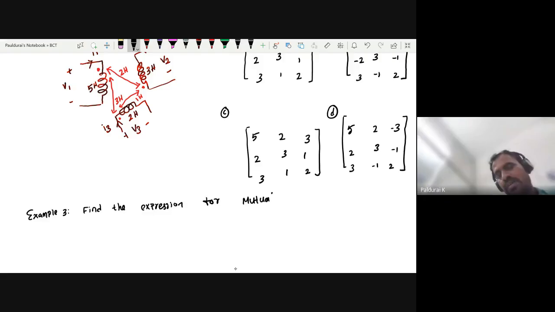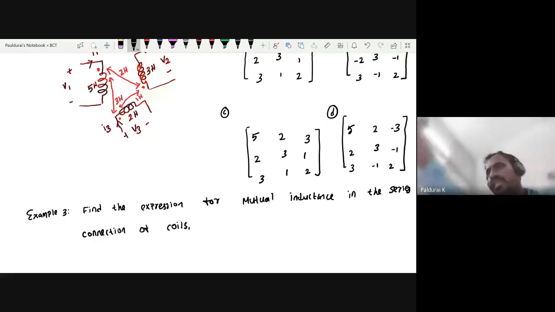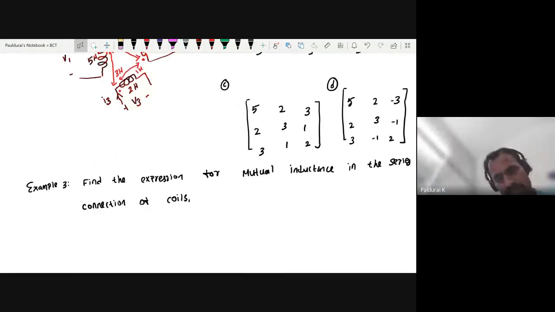Find the expression for mutual inductance in the series connection of coils. Series connection of more specific 2 coupled coils. 2 coils connected in series, 2 coupled coils.